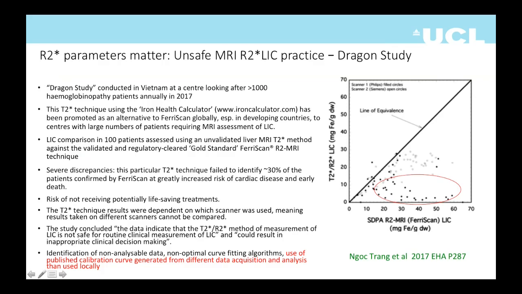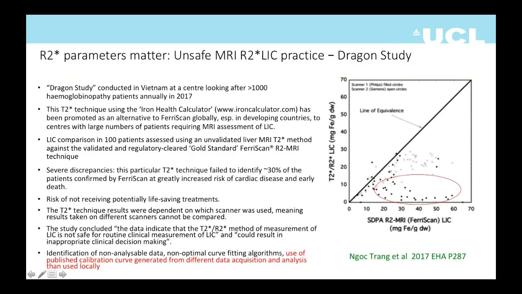And so Ngoc Trang did this study in 100 patients where they compared the LIC using this T2 star method with the gold standard Ferriscan for trials, and they found out that there were severe discrepancies. A large proportion, around 30% of the patients, were completely misidentified.